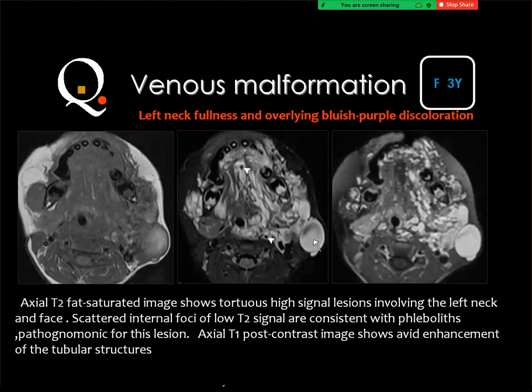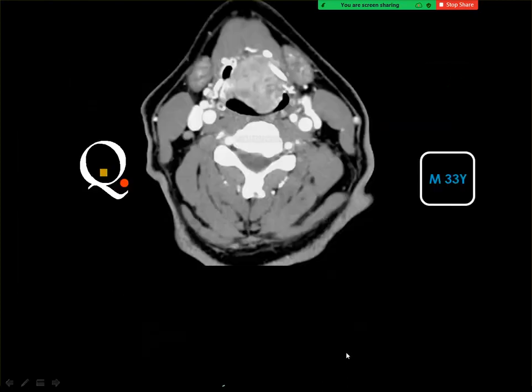Because of the serpiginous nature of the lesion and the low flow of blood inside the lesion, and this arrow points to what looks like a phlebolith, you get the diagnosis of hemangioma, or what is known recently as venous malformation.